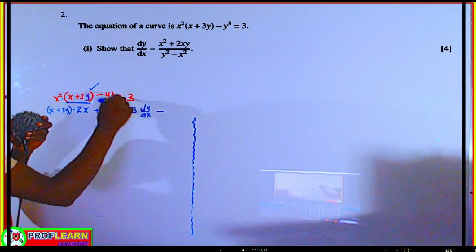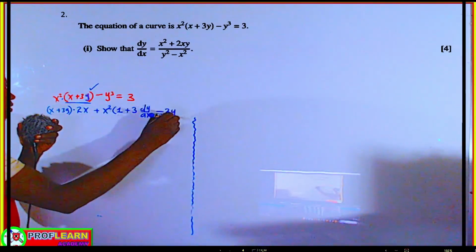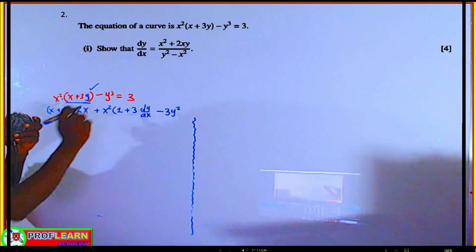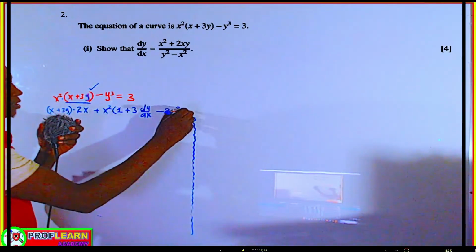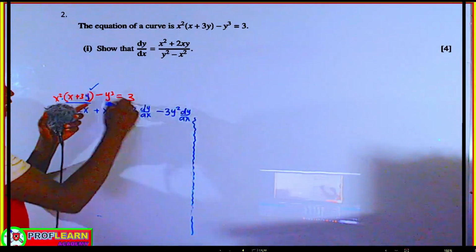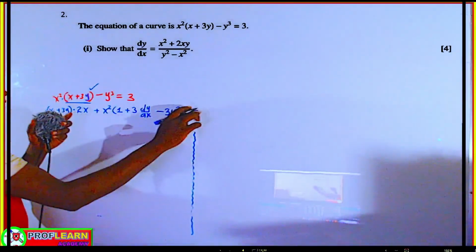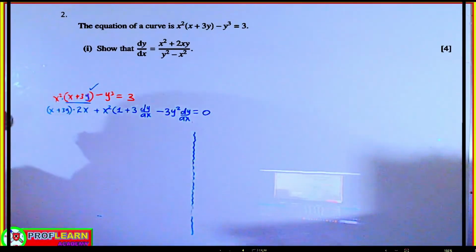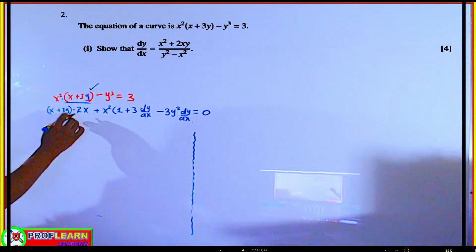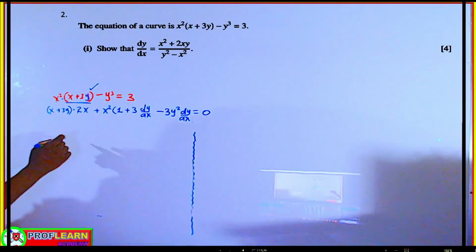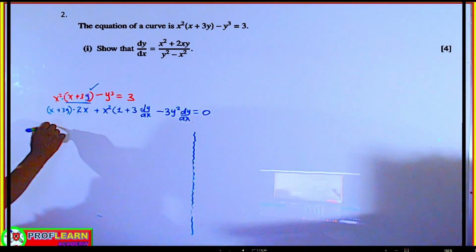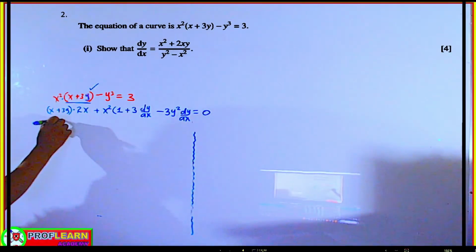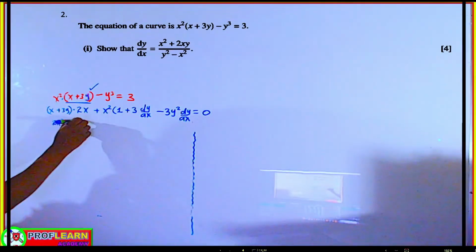Differentiating this, we take the 3 down, and the power decreases by 1. Since we were differentiating a y part, we write dy/dx at the end of it, and this is equal to, differentiating a constant, 0. Now we put together the terms having y. If I open through, this is going to be 2x squared plus 6xy.